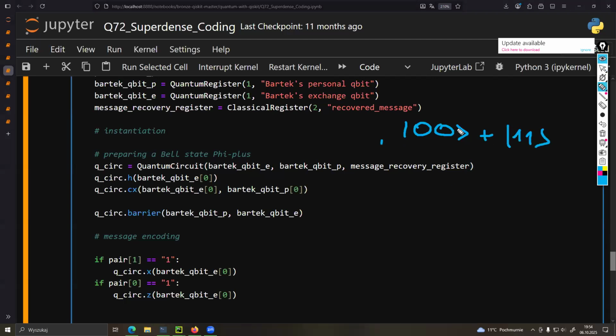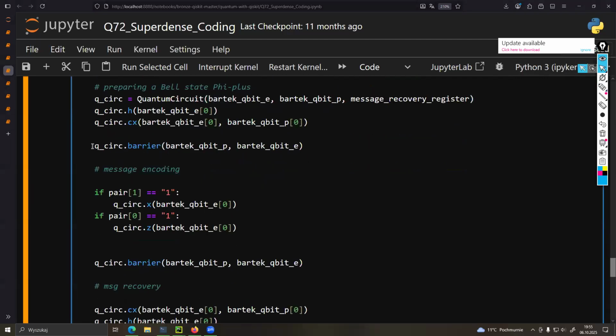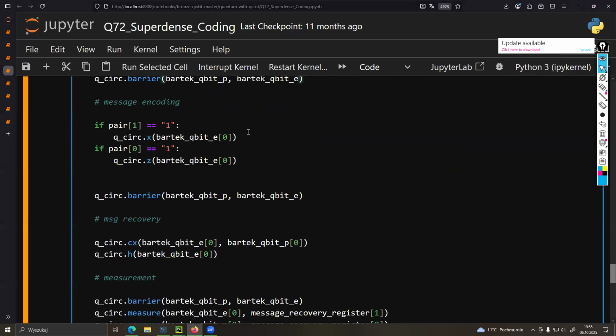I will encode it as this. I won't write every square root and so on, you get the idea. Here the barrier is purely for graphical purposes. It doesn't need to be here. Here I encode the information.